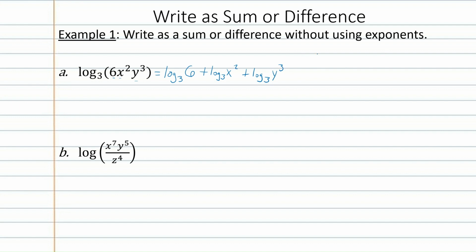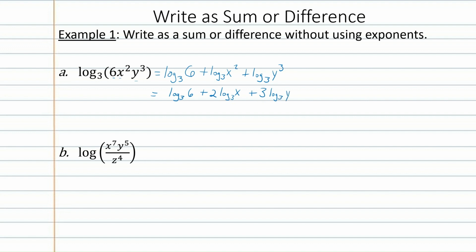Now we also don't want to use exponents here. So we need to come back in here. The first one doesn't use exponents, so I can leave it alone. Log base 3 of 6. But the second one, I'm going to bring the 2 in this exponent forward. It'll be 2 times the log base 3 of x. And then for the y here, since it's to the third power, I'm going to bring the 3 forward and convert it into 3 times the log base 3 of y.